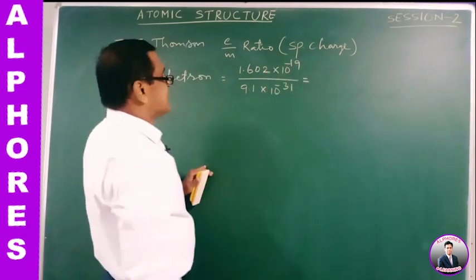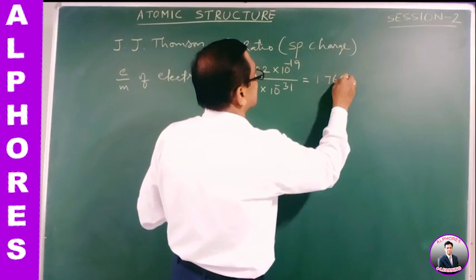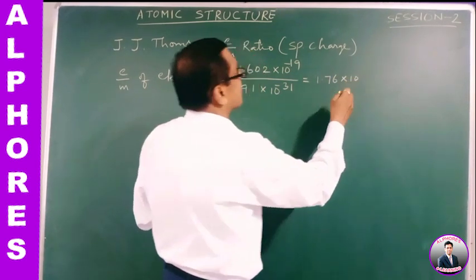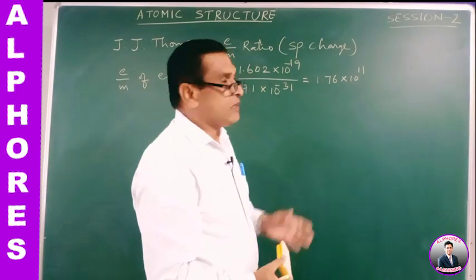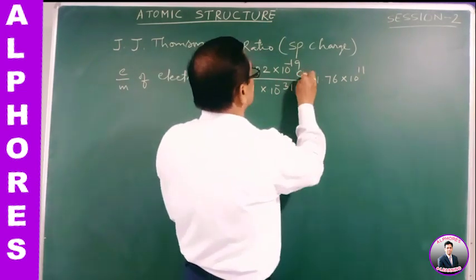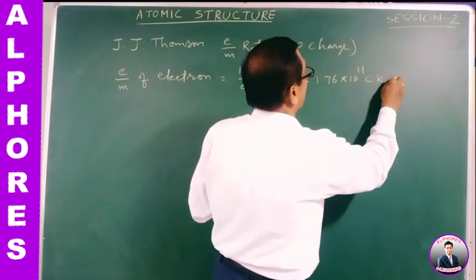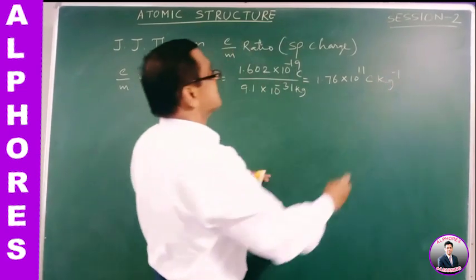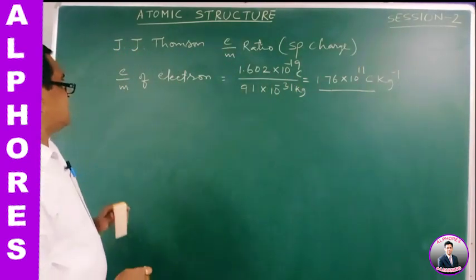That gives 1.76 into 10 to the power 11 coulombs per kg. That is the specific charge of the electron, that is the e/m ratio.